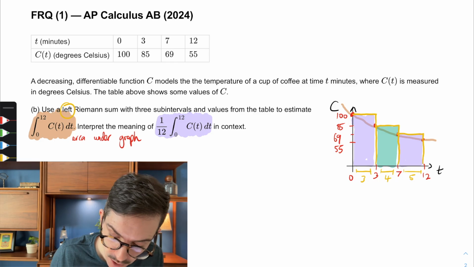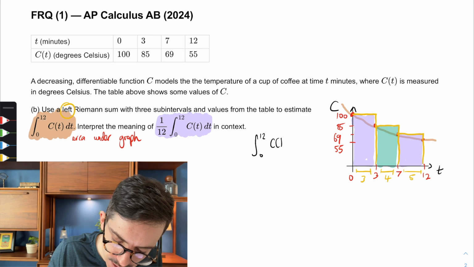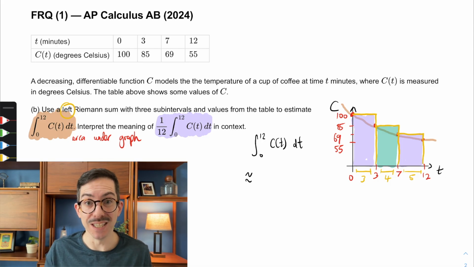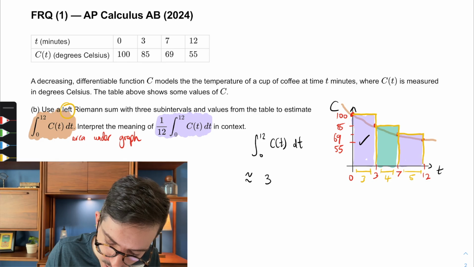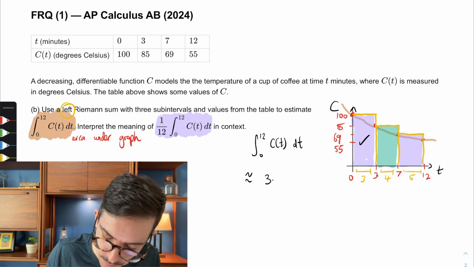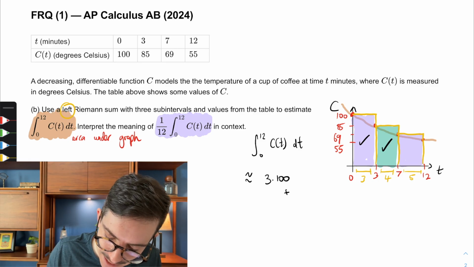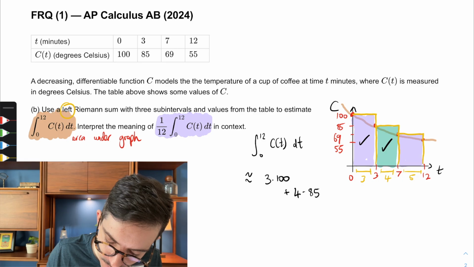That's all we're doing. So the integral from 0 up to 12 of c of t dt is roughly equal to the sum of these 3 rectangular areas. My first one has a base of 3 times the height of 100. My second area has a base of 4 and a height of 85.